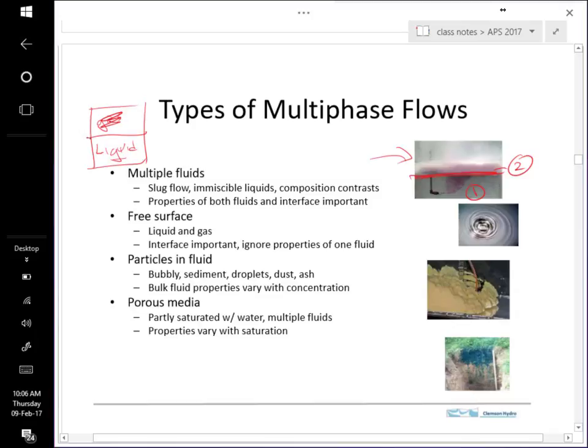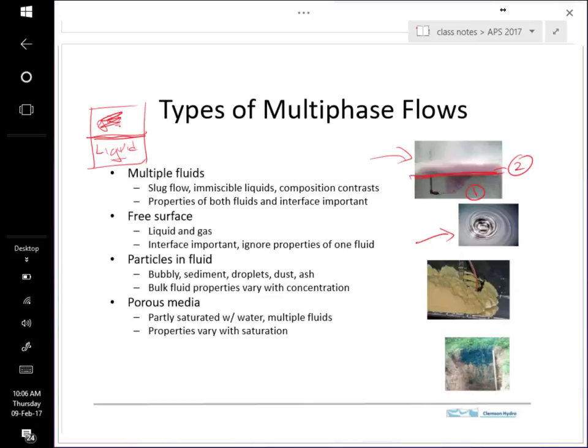What we're interested in, though, is the surface of this liquid. So that's a free surface problem. Here's an example of that with this droplet falling on the surface of the water. If we're interested in what the surface of the water is doing, sloshing around, forming waves, those kinds of things, then we can think of it initially as this multiple fluid problem, but then we forget about the gas to simplify it, and then we can treat that.